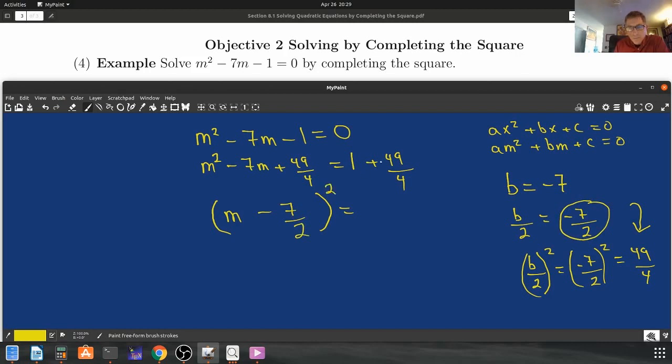And that's equal to 1 plus 49 over 4, which is, I'm going to write 1 as 4 over 4. And that's my common denominator, plus 49. So in my very next case, I have m minus 7 halves squared is equal to 4 plus 49 is 53 fourths.